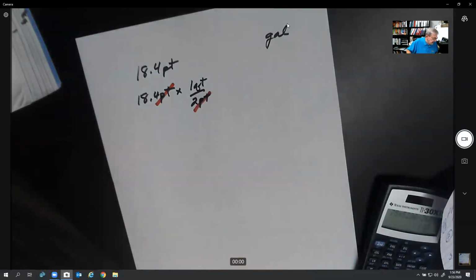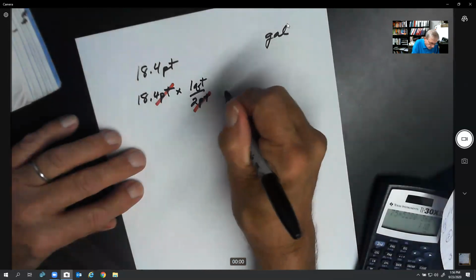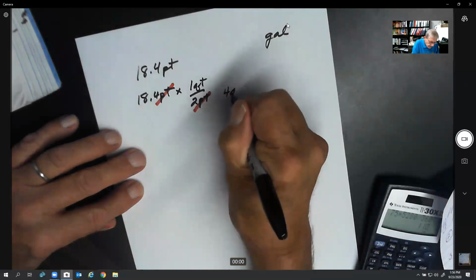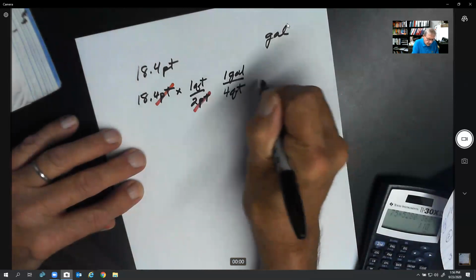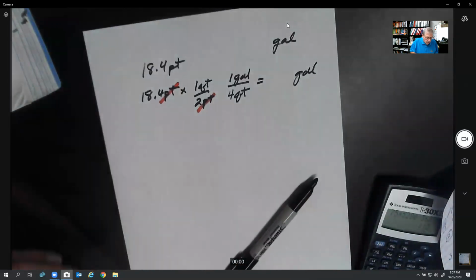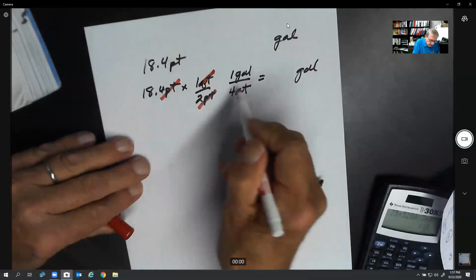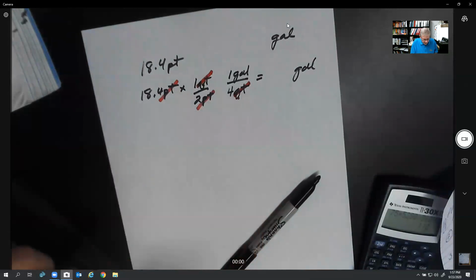Now I've got to change the quarts to gallons, and it says 1 gallon is 4 quarts. 4 quarts, 1 gallon. There we go. And this should give us our gallons. Let's see if it does. Quarts cancel out quarts. It has to be on the top and the bottom to cancel.